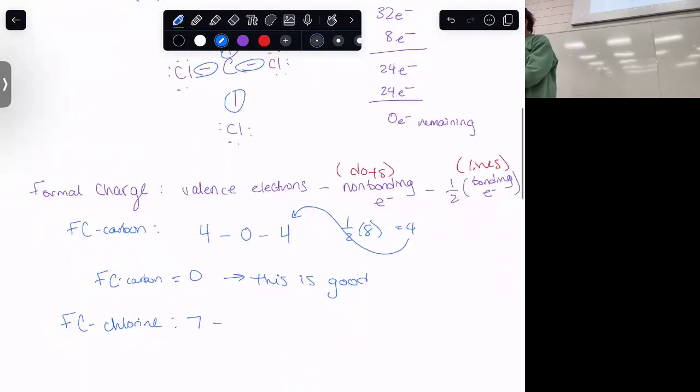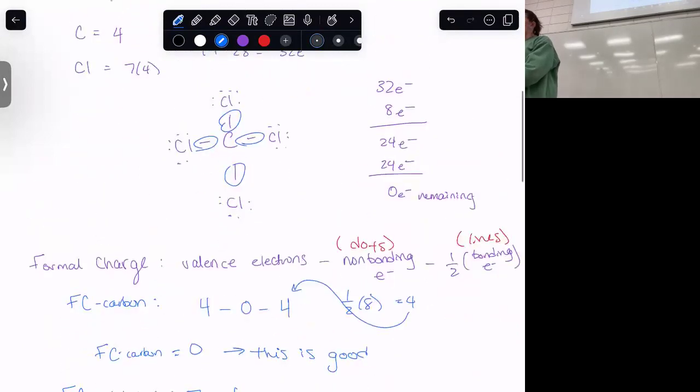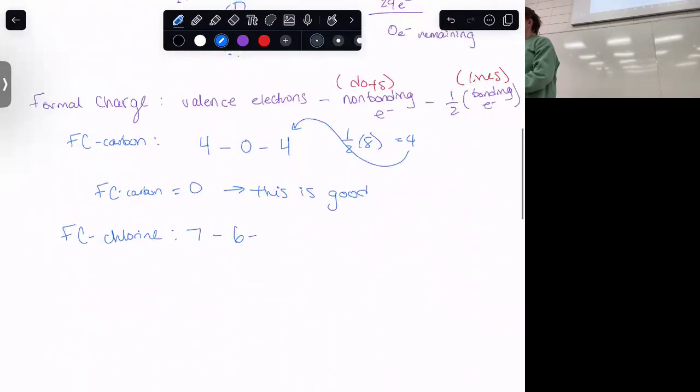It has 6. How many bonding electrons does it have? 2, but we're going to take 1/2 of that. So we say 1/2 times 2. So we end up with 7 minus 6 minus 1. So what's our formal charge of chlorine? Also 0.